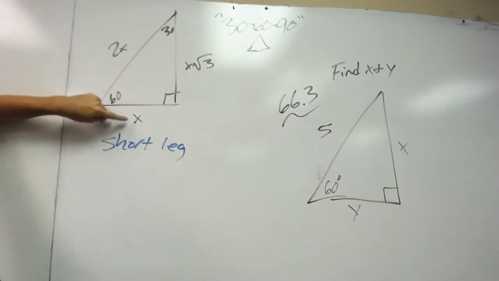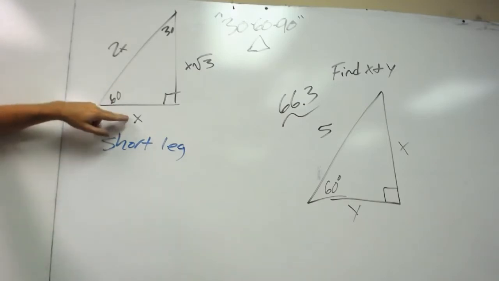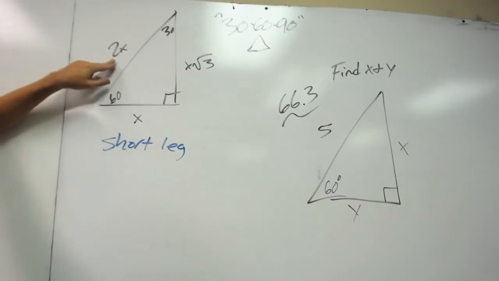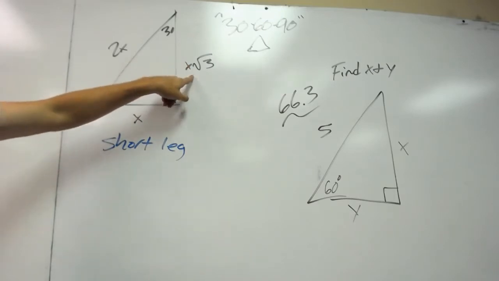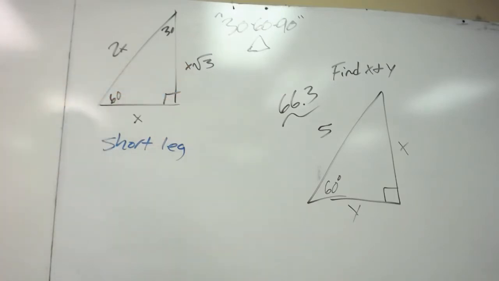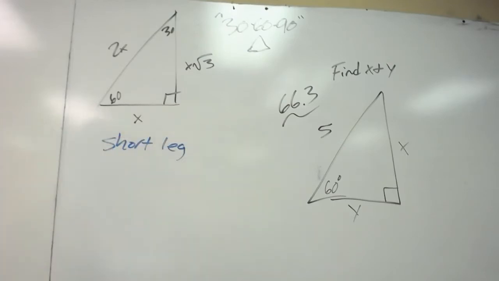If you know x, you can know the hypotenuse and the long leg. The hypotenuse is always double the value of x, so that would be written as 2x, and the long leg is always x times radical 3, the short leg times radical 3.